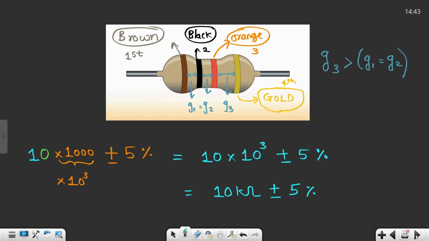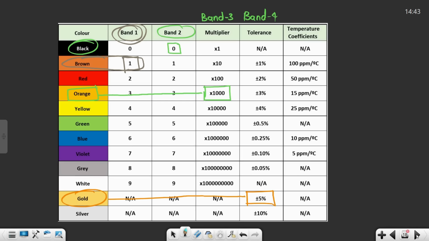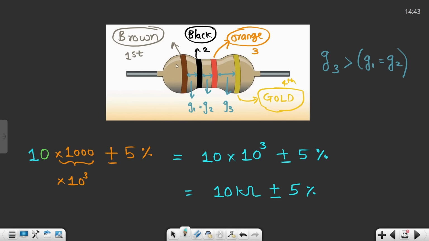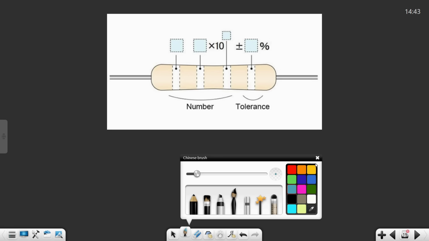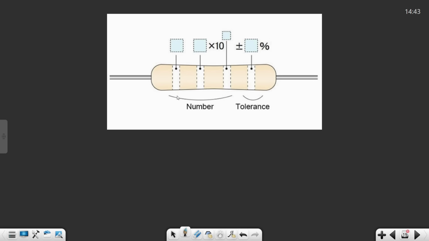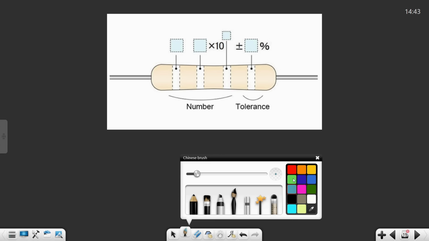Now let's proceed further with what we saw with the help of this basic example. Whenever you see any resistor, they may not have shown enough gap to identify the fourth band and the first band, but they have clearly mentioned this point.